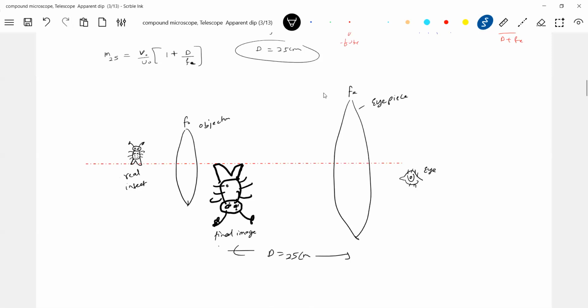Six dots, and they are very clearly visible in the magnified image. The eye cannot tell very clearly looking at the insect directly. Now in this magnified image we are able to see all things very clearly. That's the advantage of the compound microscope.